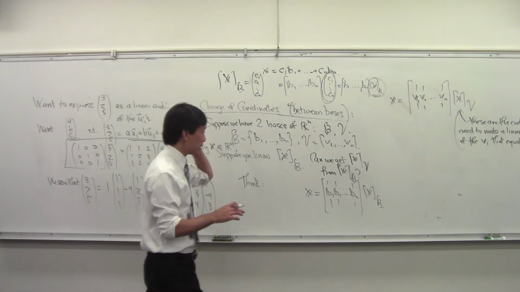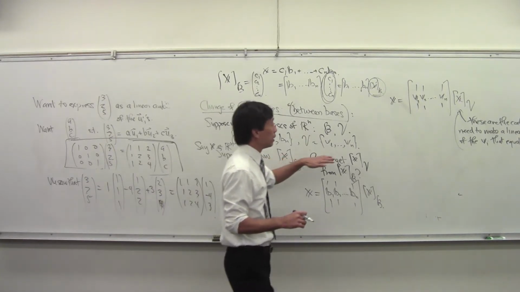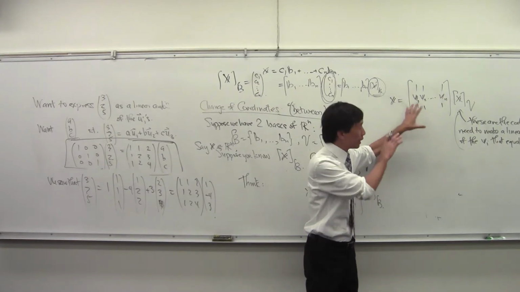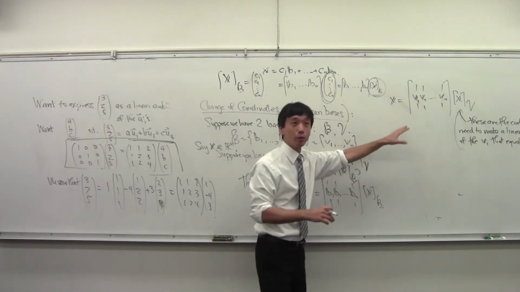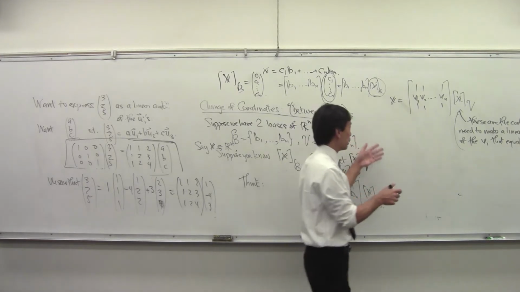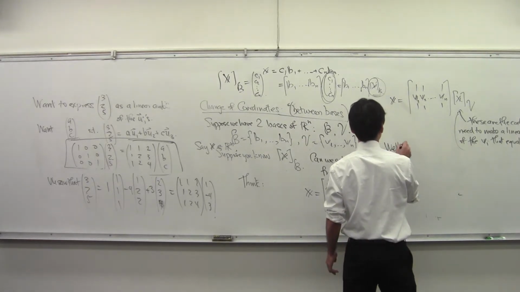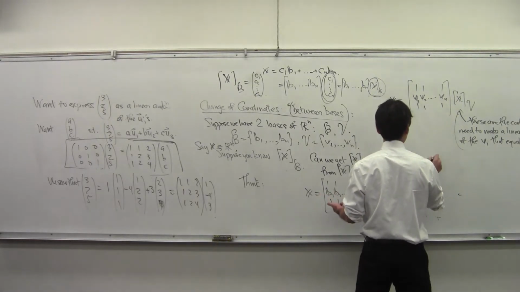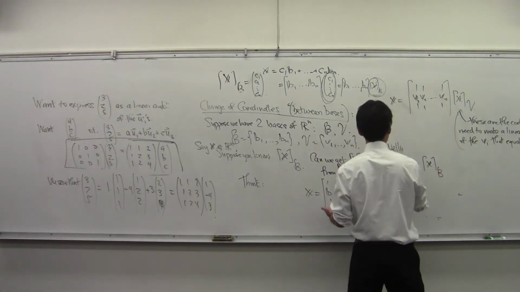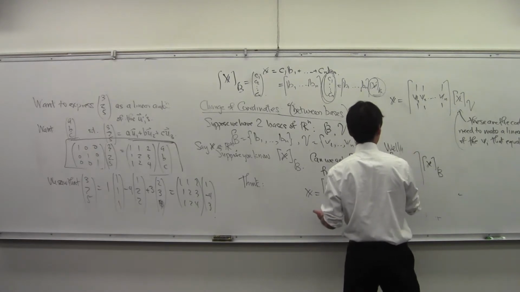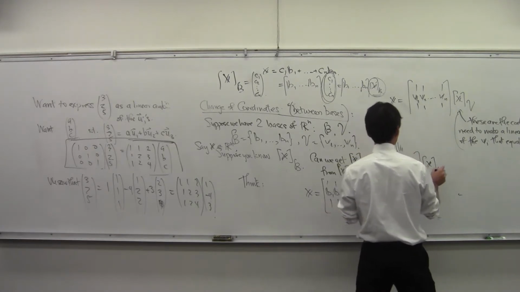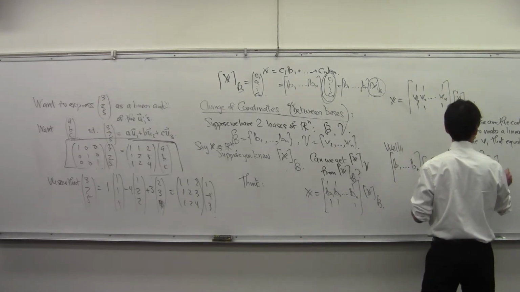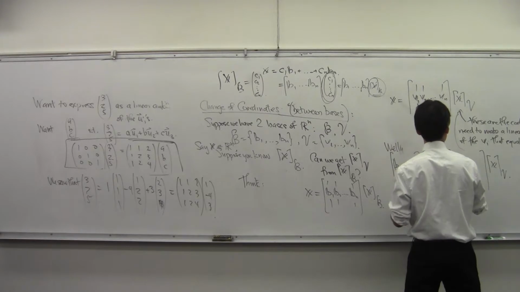Okay, let's go on. Remember what we're talking about: how to get from one coordinate vector to the other. This coordinate vector times the V matrix equals this coordinate vector times the V matrix.